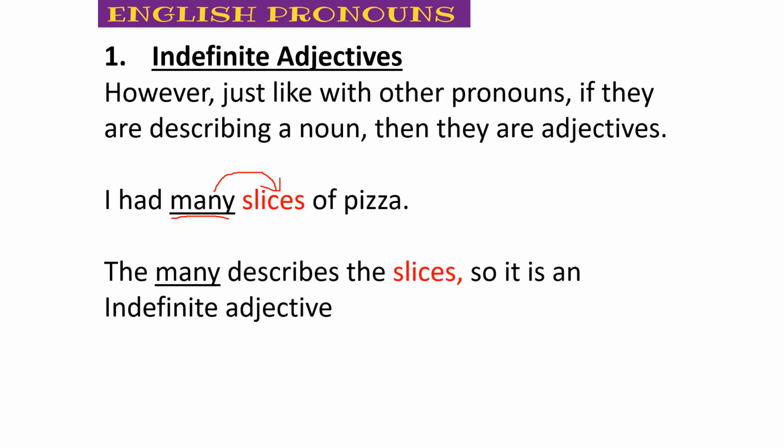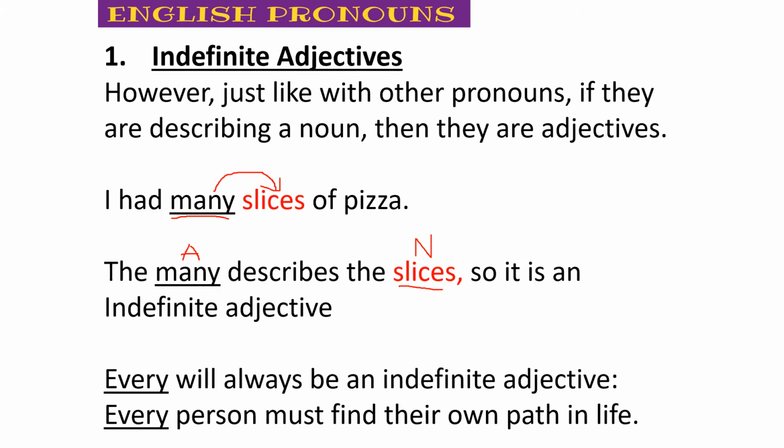So the many describes the slices. The slices is the noun, and therefore many is an indefinite adjective. So if many is used on its own, then it is an indefinite pronoun. If it is used to describe a noun, it's an indefinite adjective.